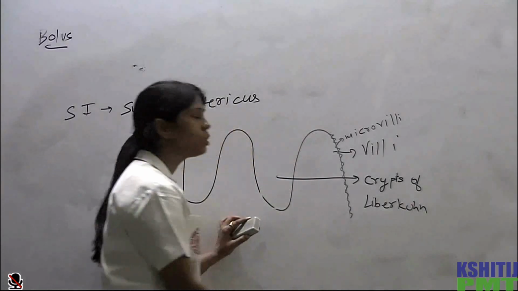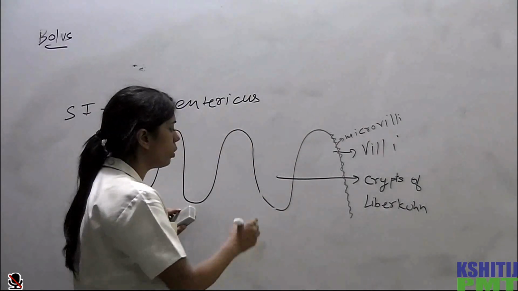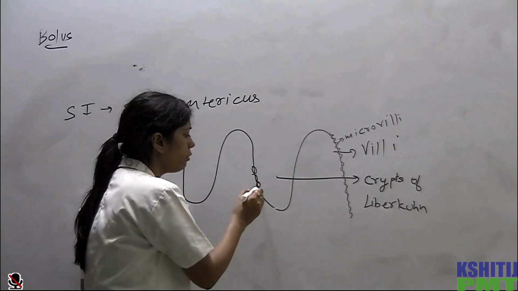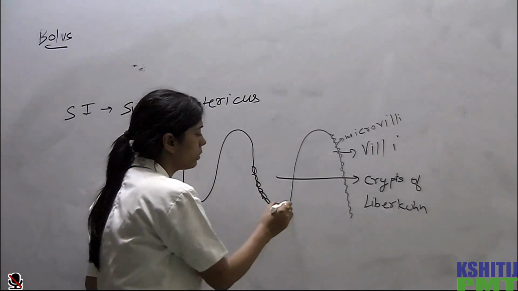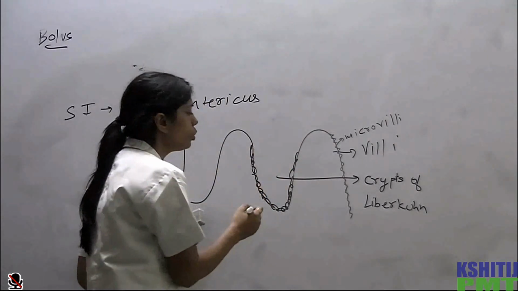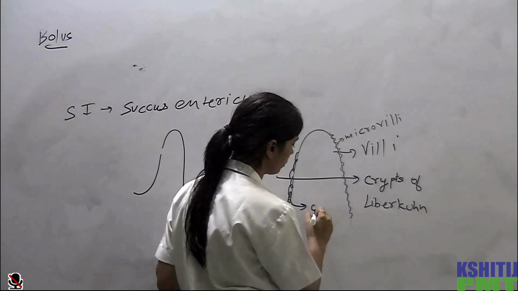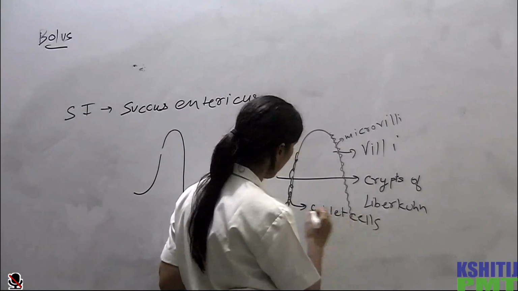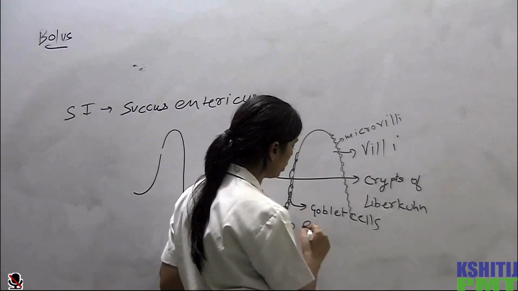This is called the crypts of Lieberkuhn. And here we have goblet cells. We have two types of cells here. The first is goblet cells, and the second is called Brunner's gland.